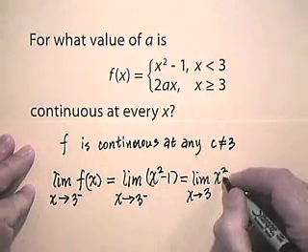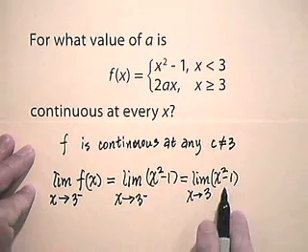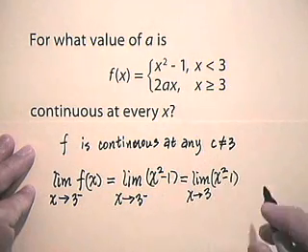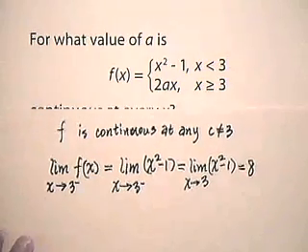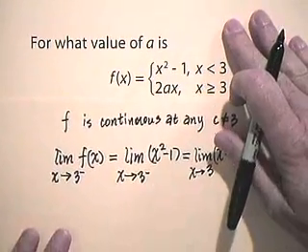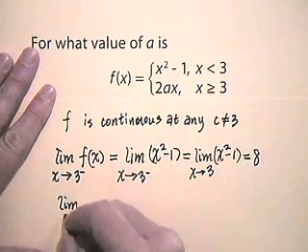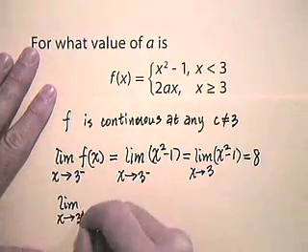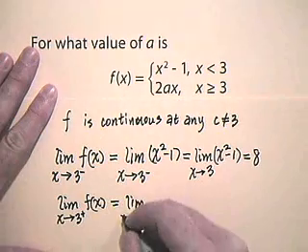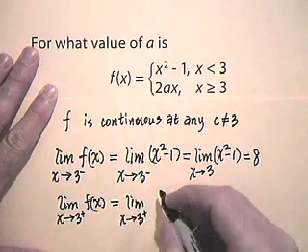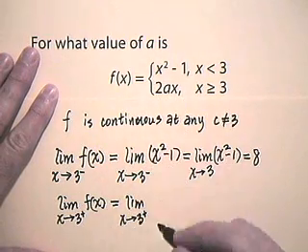And so we're just going to look at the limit as x approaches 3 of x squared minus 1. Of course, that's 9 minus 1, which is 8. Okay, so now let's look at the other limit, the right-hand limit. That would be the limit as x approaches 3 from the right of f of x. That's the limit as x approaches 3 from the right of the expression that's valid to the right of 3, that's 2ax.